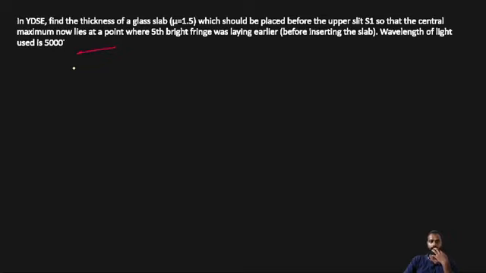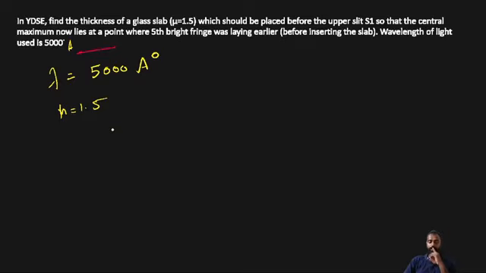The wavelength of light used is 5000 Angstrom. So lambda is given as 5000 Angstrom. Mu is given as 1.5. So the central maximum lies at the point where the fifth bright fringe was.